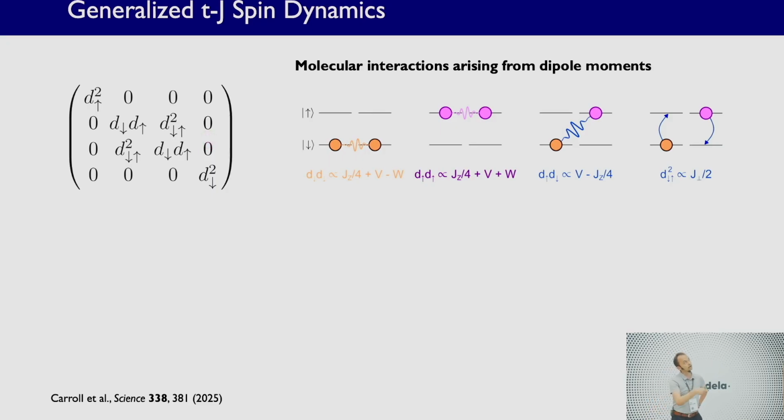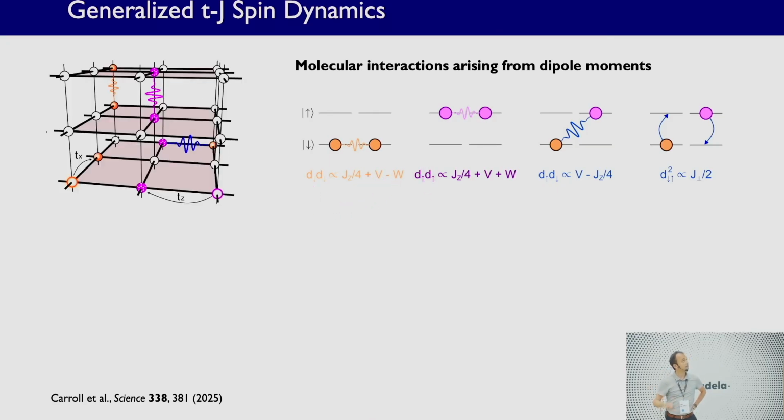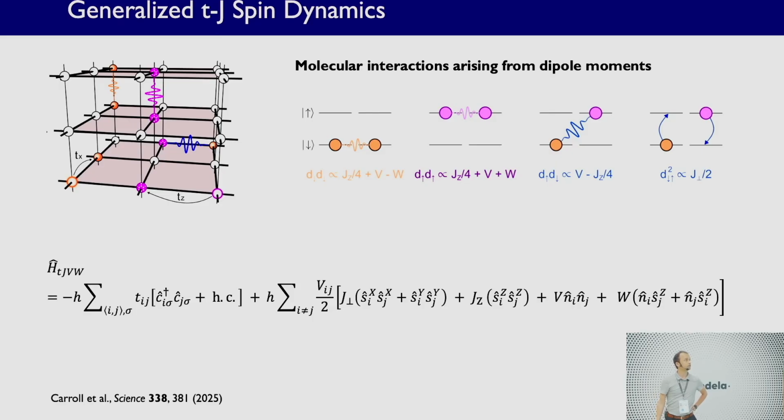And we can rewrite that a little bit in terms of these J, Z, V, and W terms, which I'll show in a bit, because if we load these molecules into a lattice and allow tunable tunneling, we'll get this so-called TJVW model. It's a bit intimidating maybe, but it's just a rewrite of all these terms together with the tunneling.